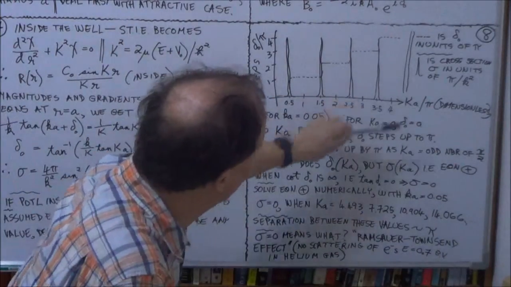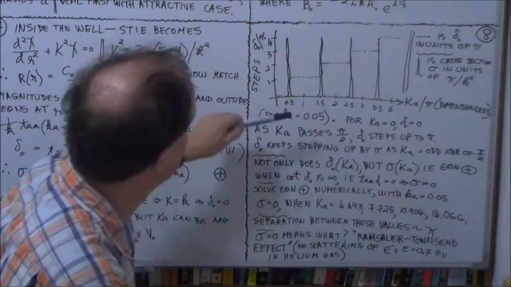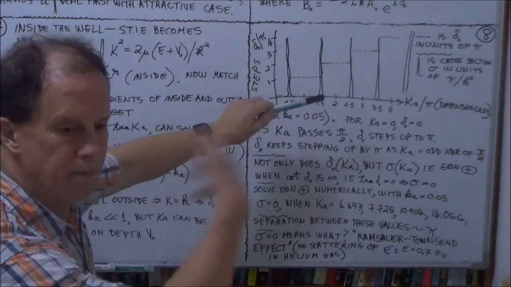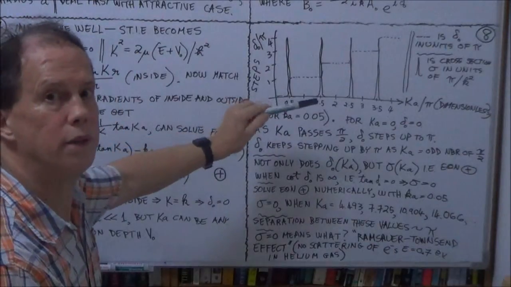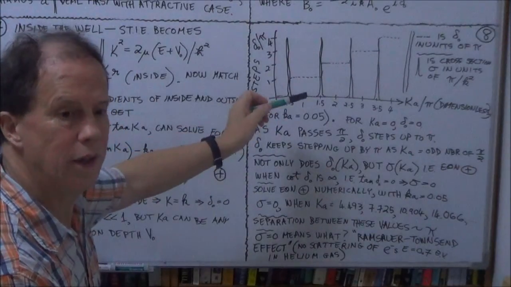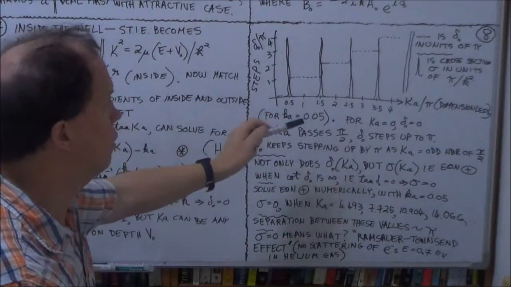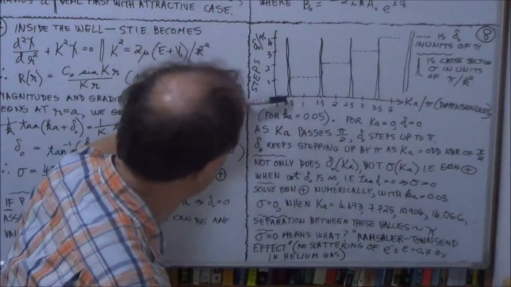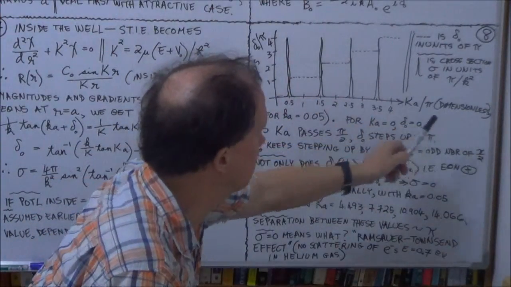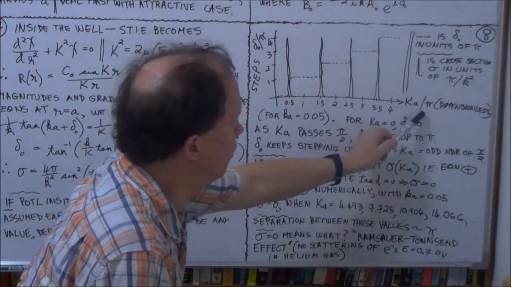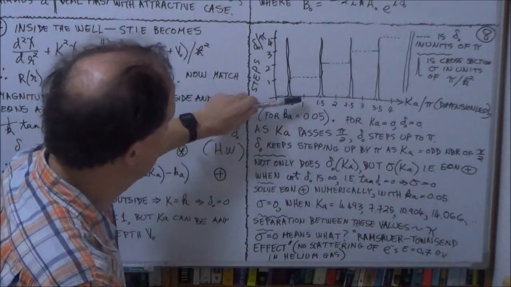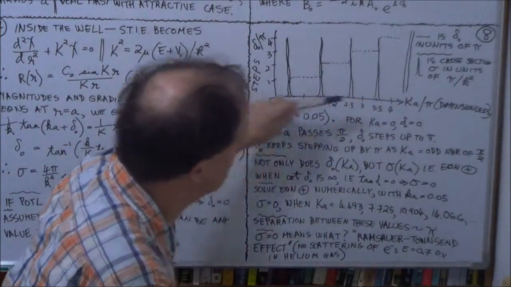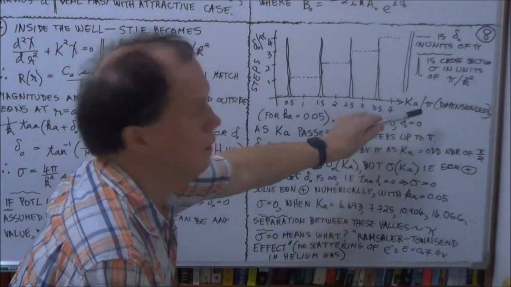Then as big Ka, we draw this graph here. Every time its value increases beyond an odd integer multiple of pi over 2, it jumps up. The unit along this axis, dimensionless, is Ka over pi, so it's just Ka divided by pi.